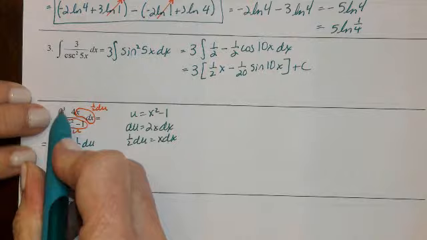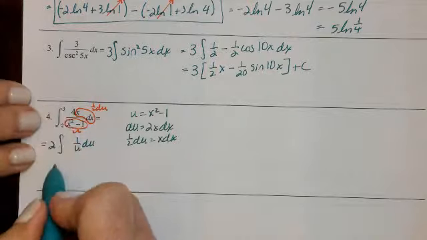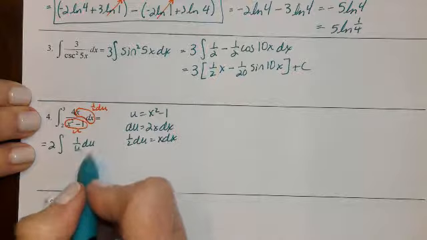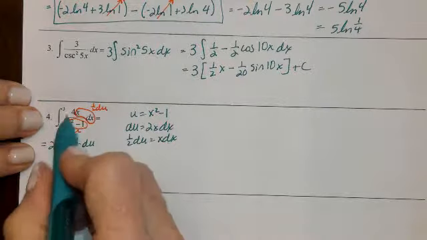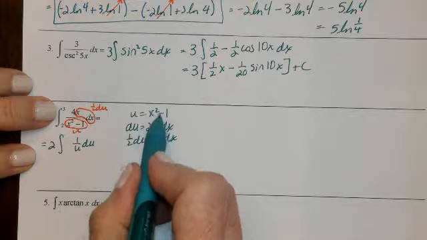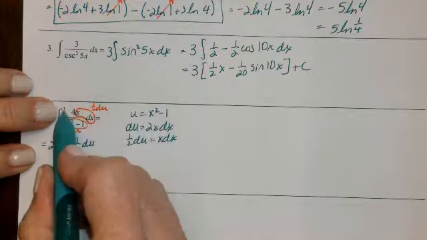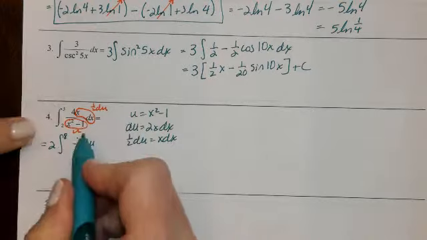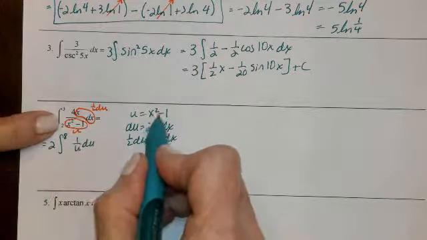Do not put the 2 and the 3 on the boundaries, because you have u now. You don't want to use x boundaries for a u expression. So change these. So if we put 3 in for x, we get 9 minus 1, which is 8. So our new upper boundary is an 8. If you put 2 in for x, we get 4 minus 1, which is 3.